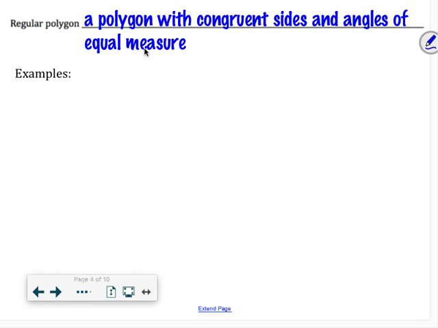So for some examples here, I wanted to show you some markings. A 4-sided shape that is regular is a square. To show equal sides, you can use tick marks on the sides, and you can do arcs. However, a square that's equal, we know, is 90 degrees.